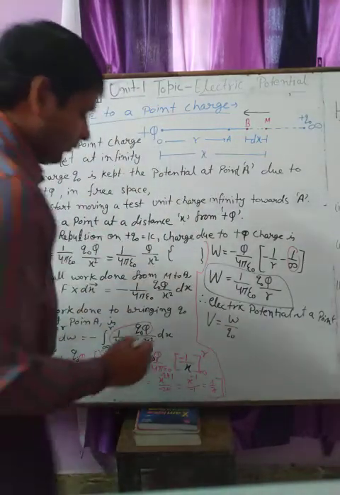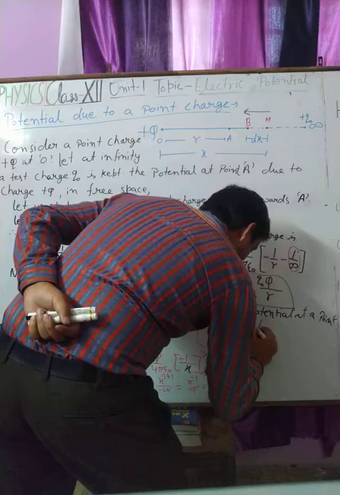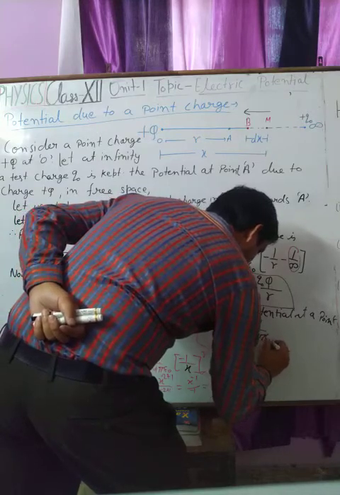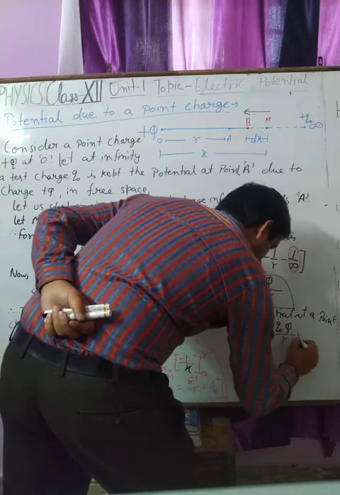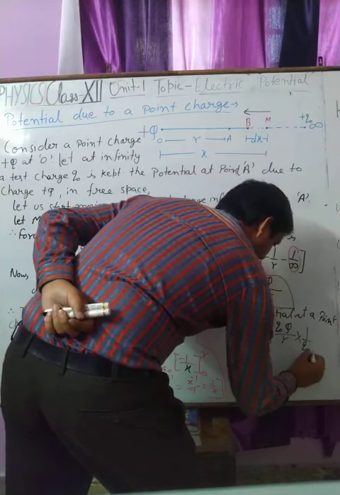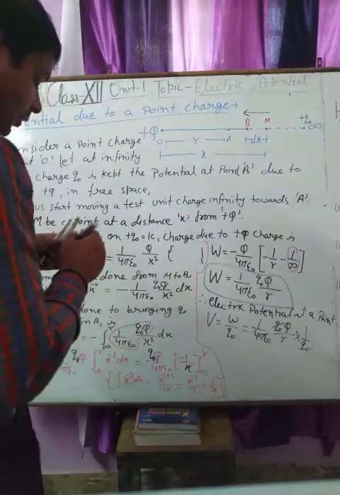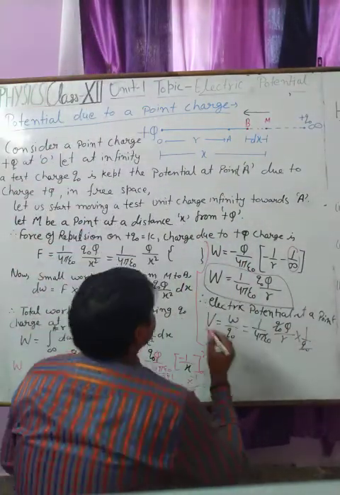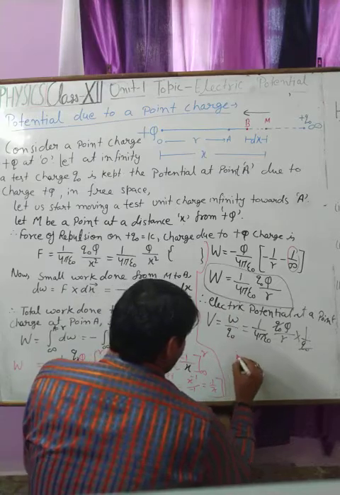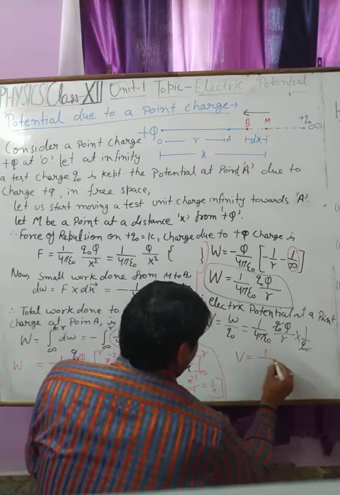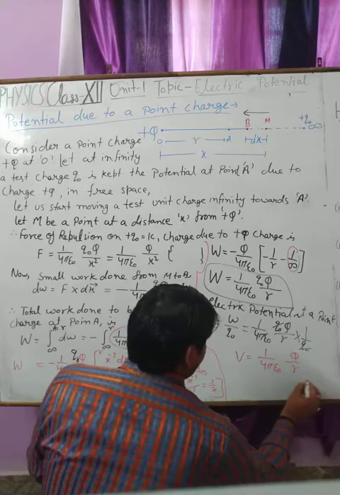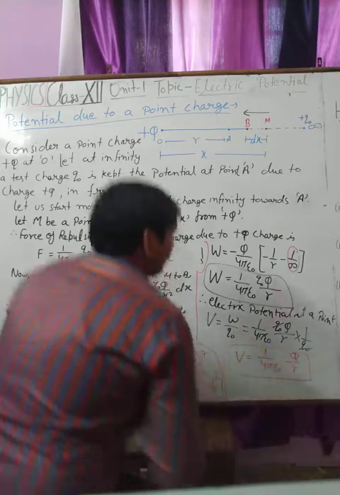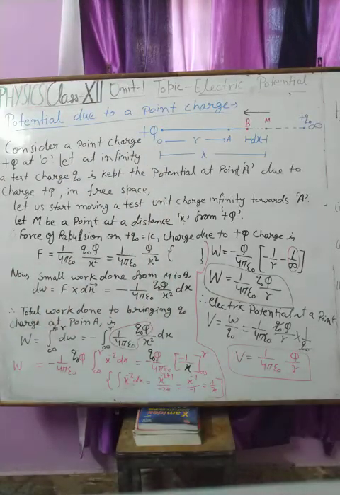Now the value of W is 1 upon 4 pi epsilon naught Q naught capital Q upon R, into 1 upon Q naught. This Q naught is cancelled. So the potential at a point due to a point charge is V equal to 1 upon 4 pi epsilon naught Q upon R. This is the potential due to a point charge. Copy these notes.